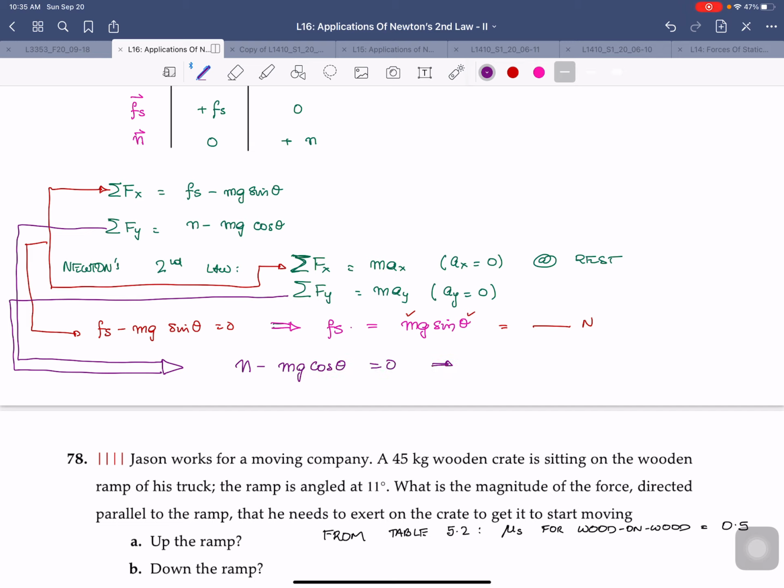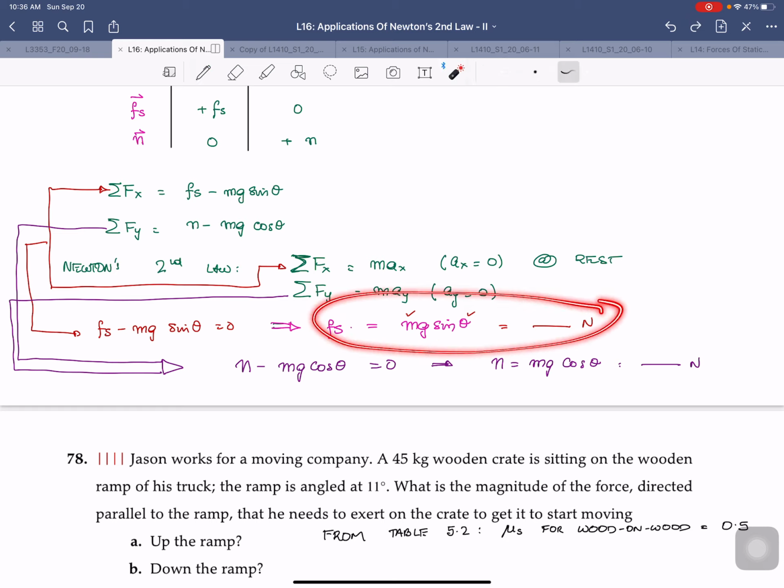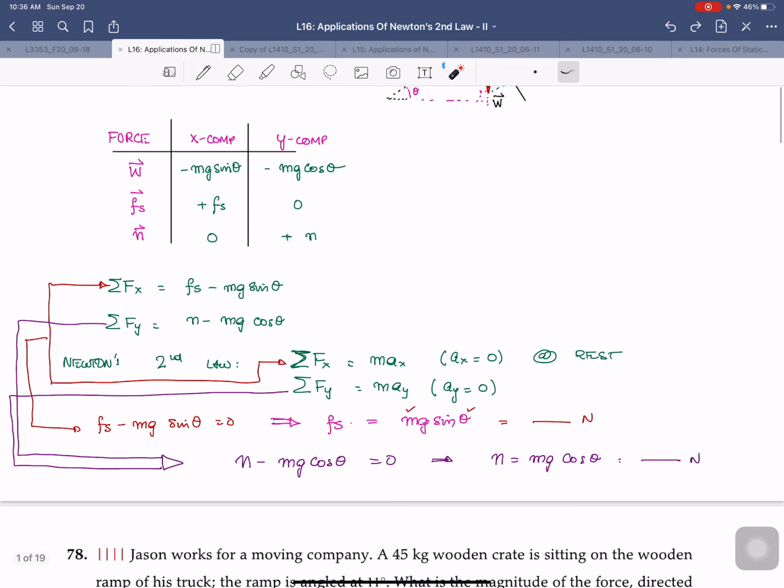From here, you can get the normal force, which is mg cosine theta. Of course, this particular problem is just asking you for the force of static friction, but the other equation also allows you to figure out the normal force acting on the truck.